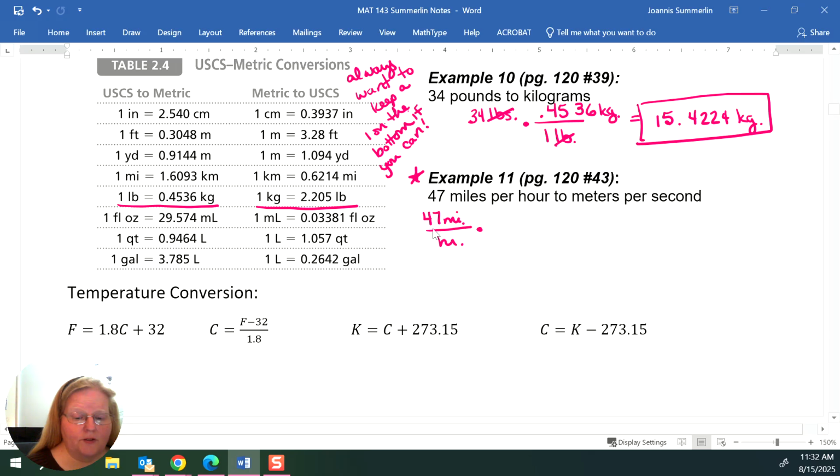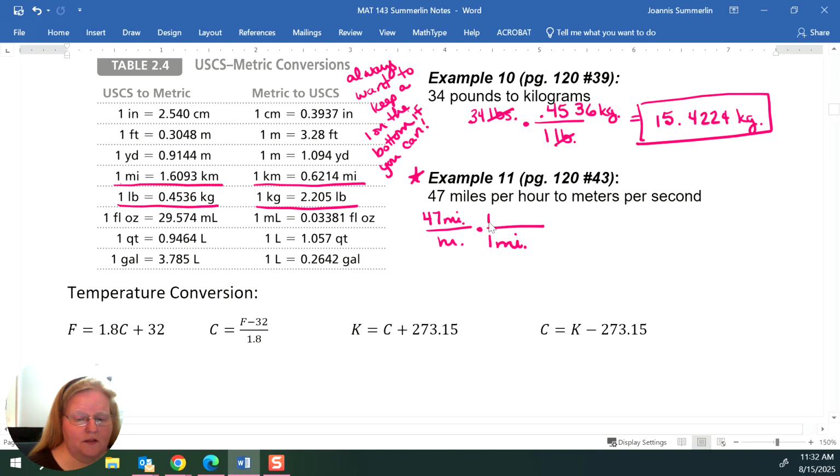I need my miles on the bottom to be changed to meters. But up here, the only thing that's got miles in it are kilometers. This doesn't say anything about kilometers. My miles has to go on the bottom, so I don't want to use this one over here. I need to use this one over here with the 1 mile. So I'm going to go ahead and put my 1 mile in there.